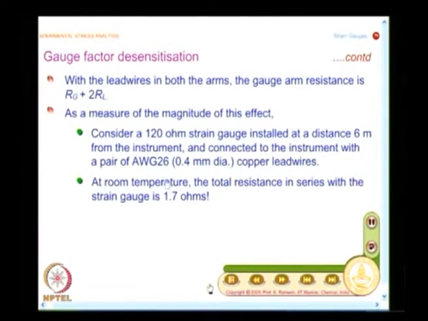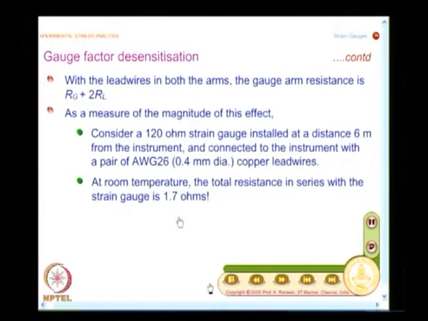The specification is also given. This is AWG 26 of 0.4 millimeter diameter. For a 6 meter length, the total resistance in series with the strain gauge is 1.7 ohms. This is at room temperature.